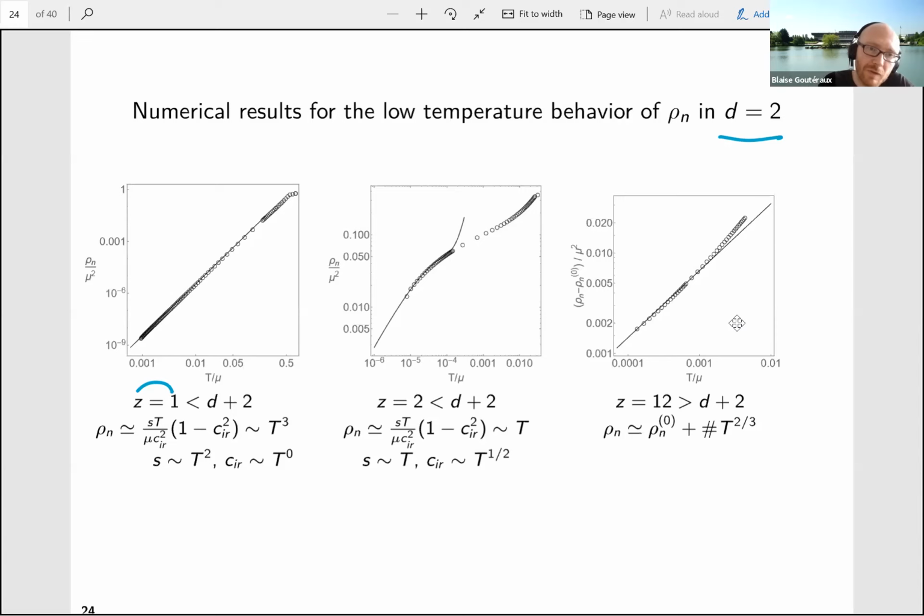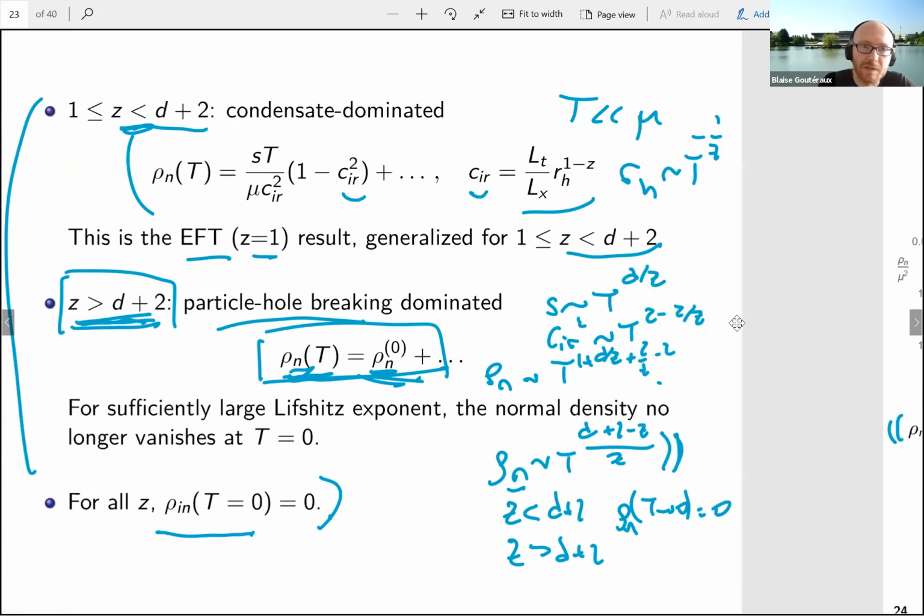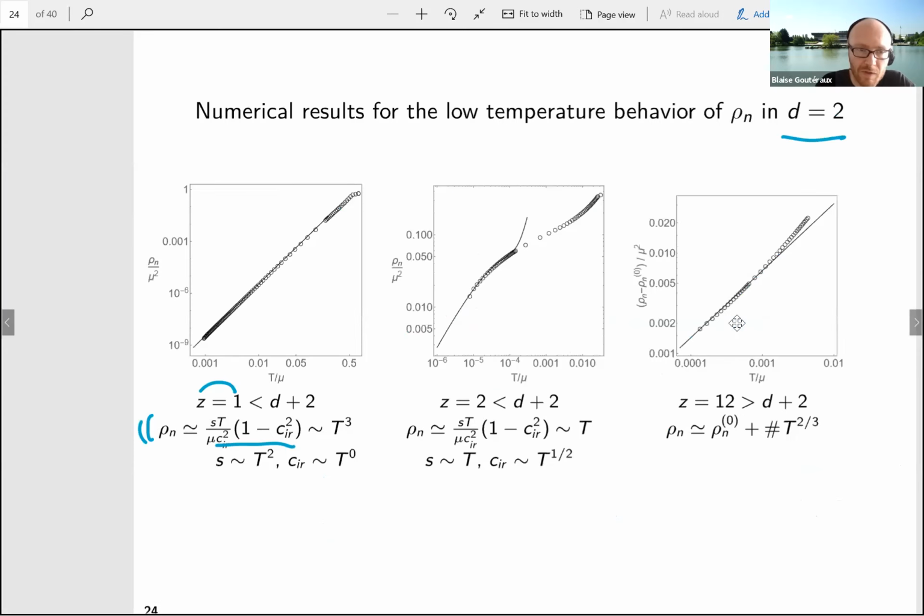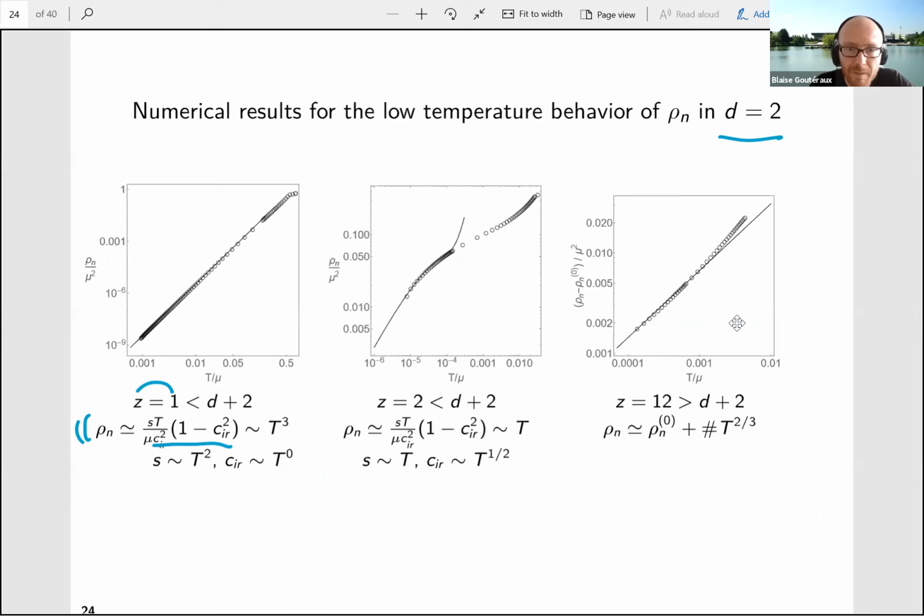The empty circles are numerics, and the solid black line is this formula with these precise coefficients, which is the same as this formula, of course. And you can see that the two match very well. Now, this case is for z equals 2, which is still less than d plus 2, which would be 4 in our case. And again, you see that this formula, the black solid line, matches the dots very well as you go towards low temperatures.